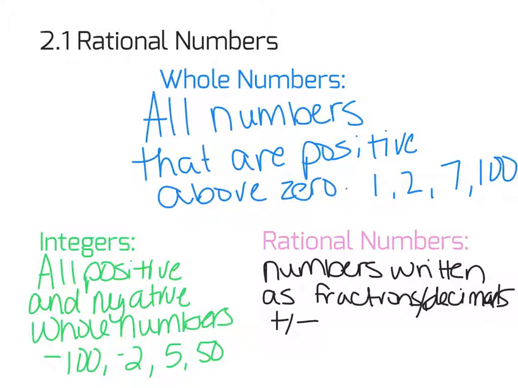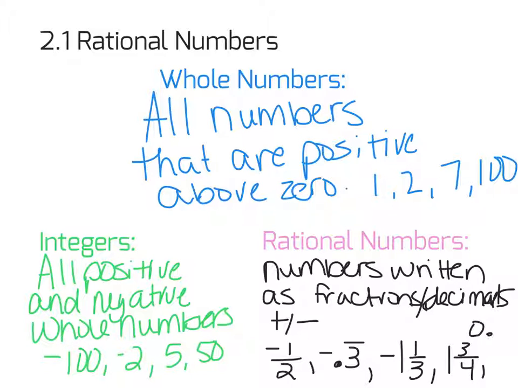So if we write some examples, we'd be like negative 1/2, negative 0.3 repeating, and we'll talk about repeating decimals in a minute. Negative 1 1/3, 1 3/4, 0, here was one more, 0.7, okay? All right, so those are what our rational numbers are.